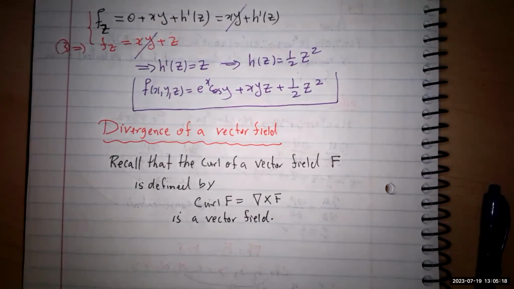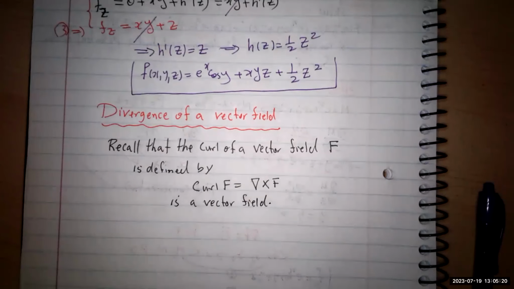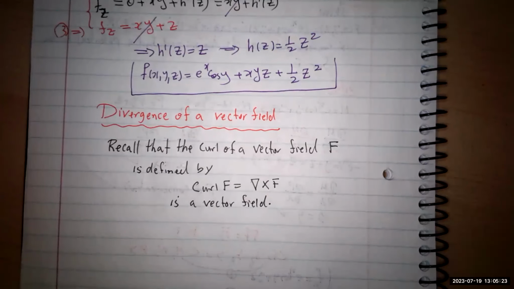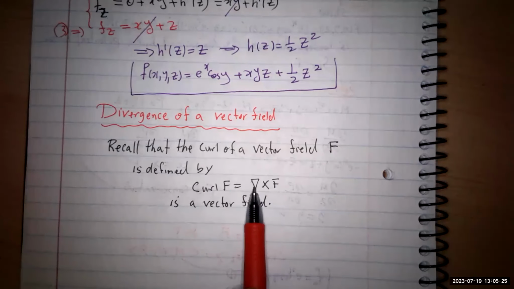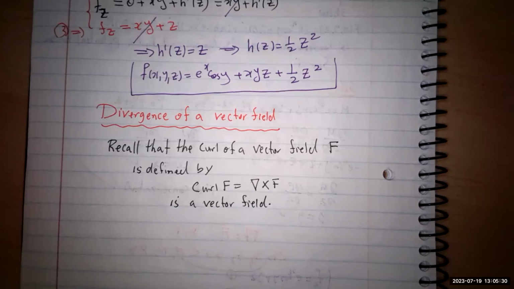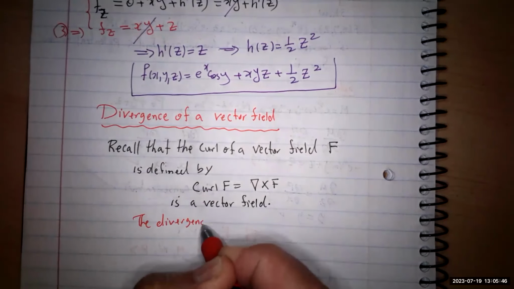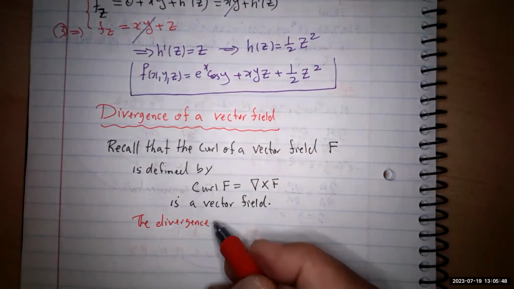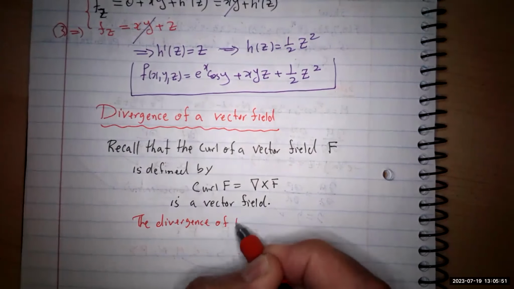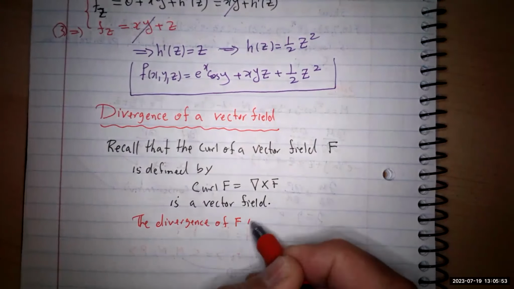Divergence is going to be a scalar. In order to get a scalar, the definition of divergence is simply del dot F, not cross. If you do the cross, you get a vector. If you do the dot, you get a number, a scalar. That scalar is called the divergence of the vector field. The divergence of F is a scalar field.